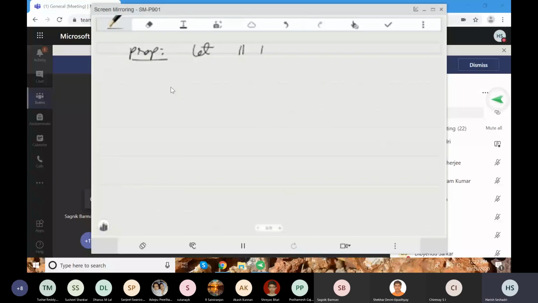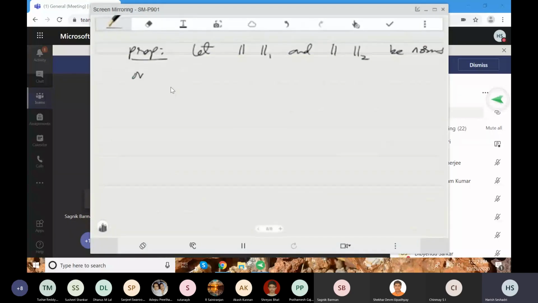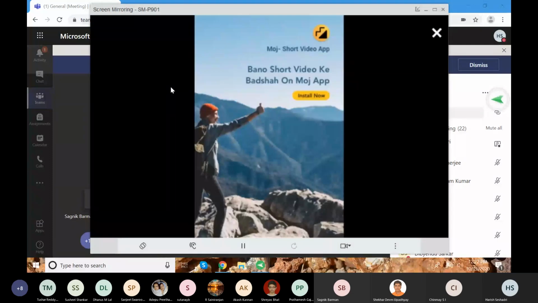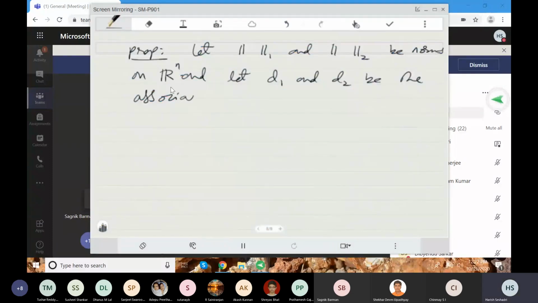Proposition: let norm 1 and norm 2 be norms on Rn, and let D1 and D2 be the associated distance functions.